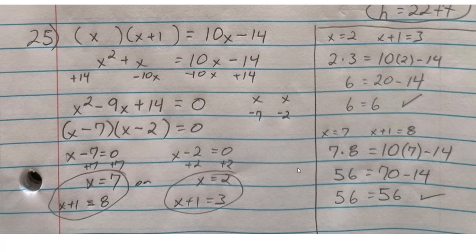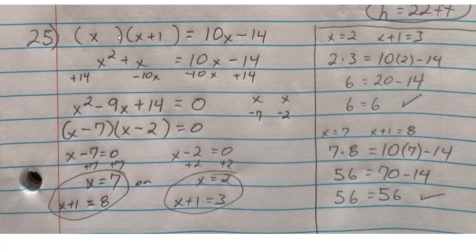Final one. Okay, consecutive number problems. Get used to them, folks. You're going to have a bunch of consecutive number problems over your mathematic life. Here we have 2 consecutive numbers, which means one number exists and it's x, and the consecutive number, the one following that number, is going to be x plus 1.